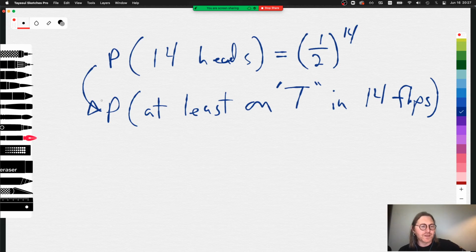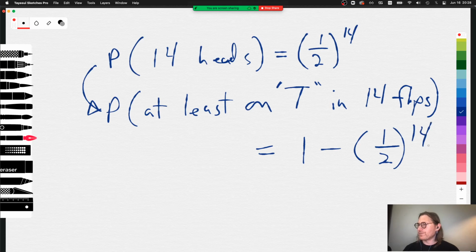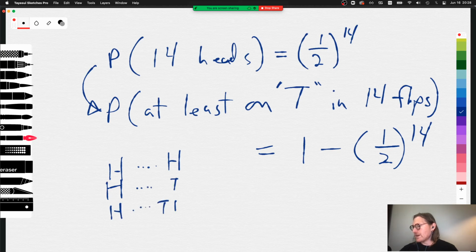Yeah, it's the complement. So this is just going to be 1 minus 1/2 to the 14th. If you think about why that is, there's only one instance where we have all heads, so every other instance has at least one tails, whether it's heads and then a tails, or tails, heads, however that comes about.